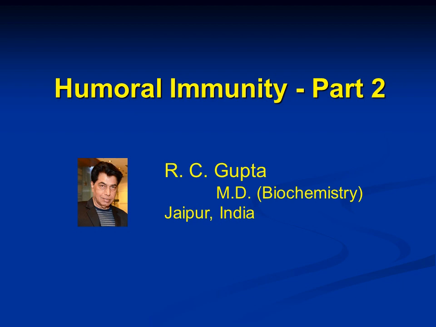And then we had seen that these immunoglobulins, depending upon the type of heavy chain that they possess, can be classified into five classes: IgA, IgD, IgE, IgG, and IgM.